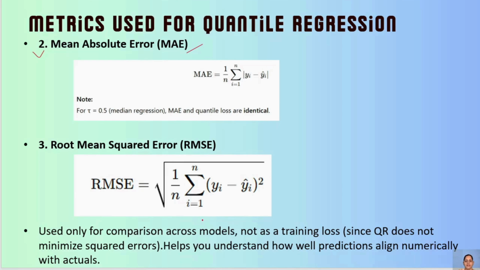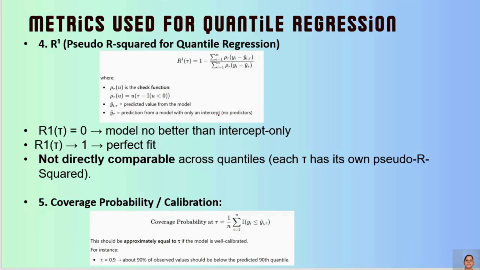Then we have root mean square error. This is a metric you use across all models, because it is a comparison factor for everything, and I have shown you in our previous videos while working with regression how my RMSE changes the pattern on different models. And we have pseudo R squared for quantile regression.